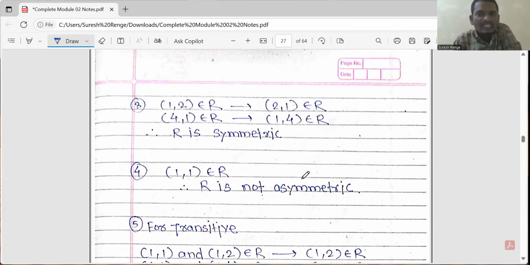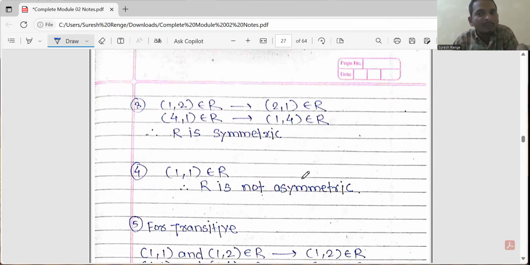First, let us observe the self-related elements available in that relation. In an anti-symmetric relation, the symmetric property does not hold, and in an asymmetric relation also the symmetric property does not hold.